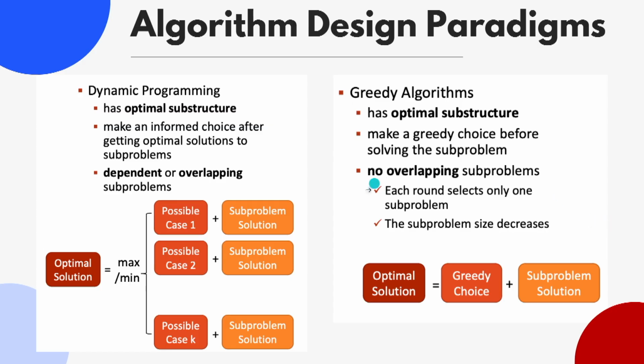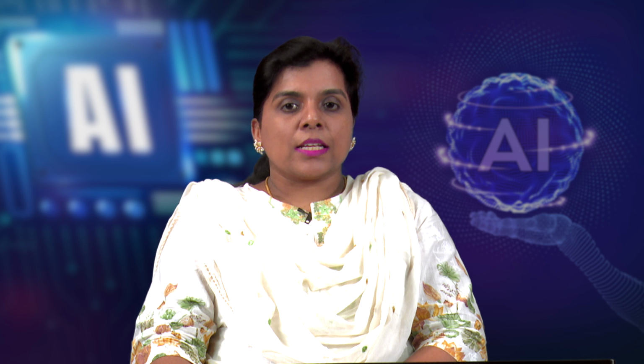So, in this particular slide I have given you a comparison of the dynamic programming approach to problem solving and the greedy approach to problem solving, and of course, in some of the earlier lectures we have already learnt what dynamic programming is, and we have even solved problems using this approach before, especially the traveling salesman problem and shortest path.